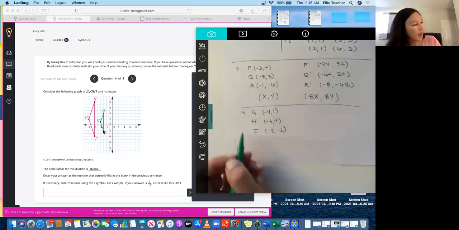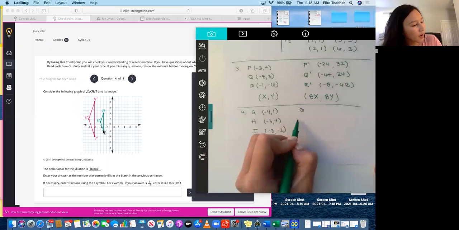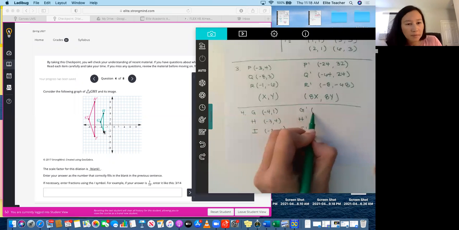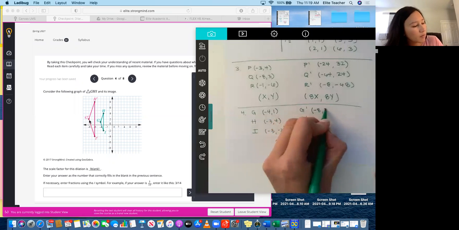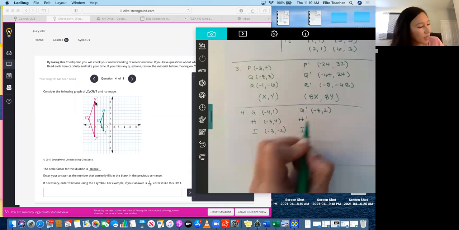And then I is -3, -2. Then we can look at the dilated image to figure out what the scale factor is. G prime is at -8, 2. H prime is at -6, 8.